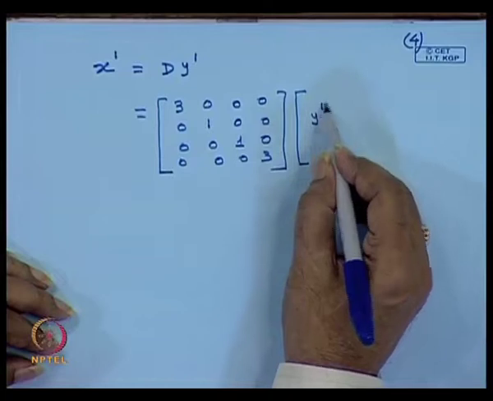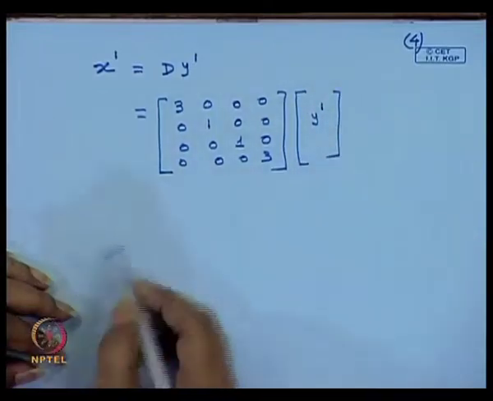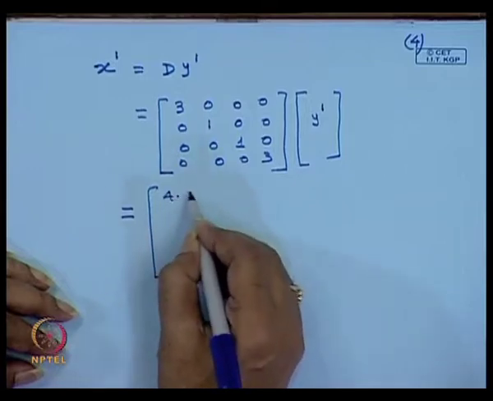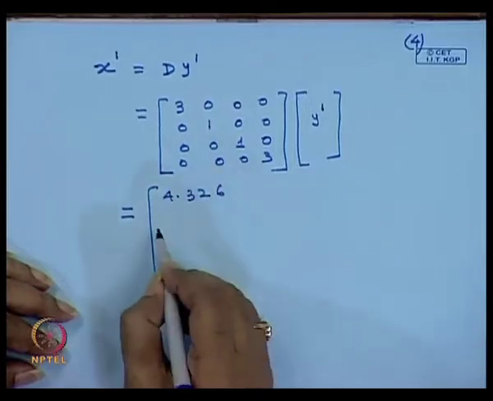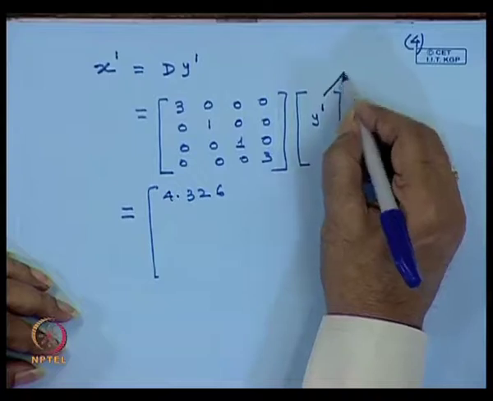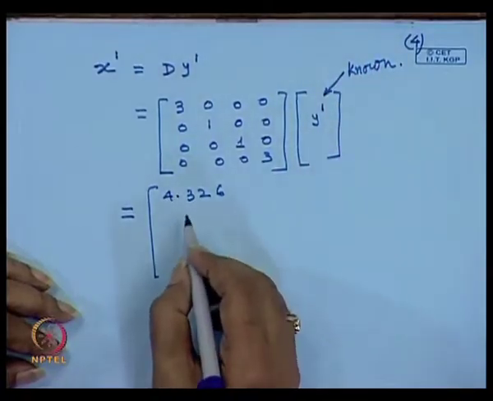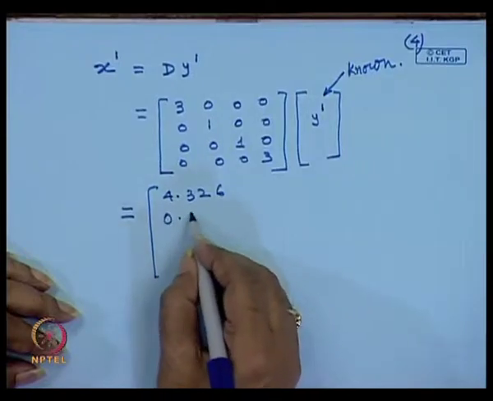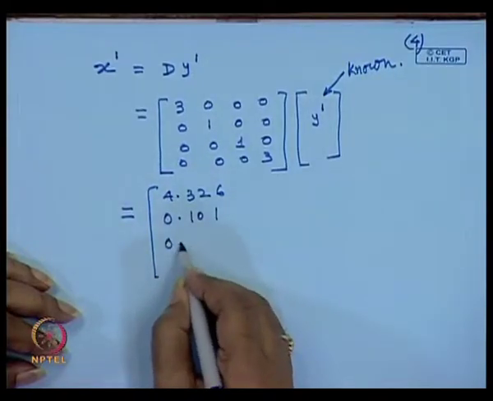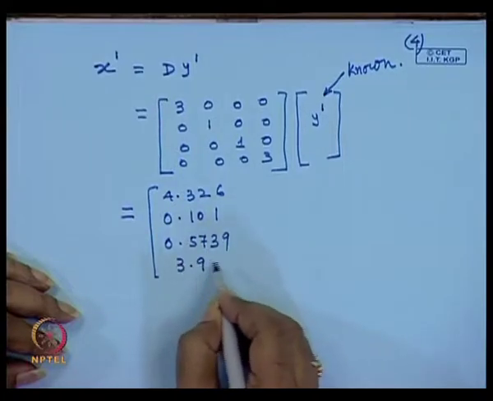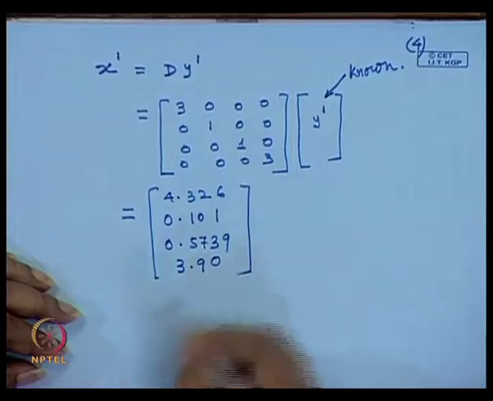Put this value here, then you will finally get 4.326, 4.36, 0.01, then 0.5739, then 3.90.